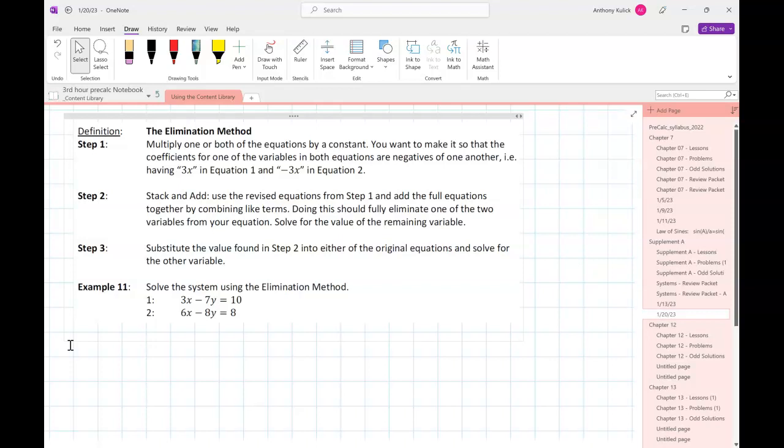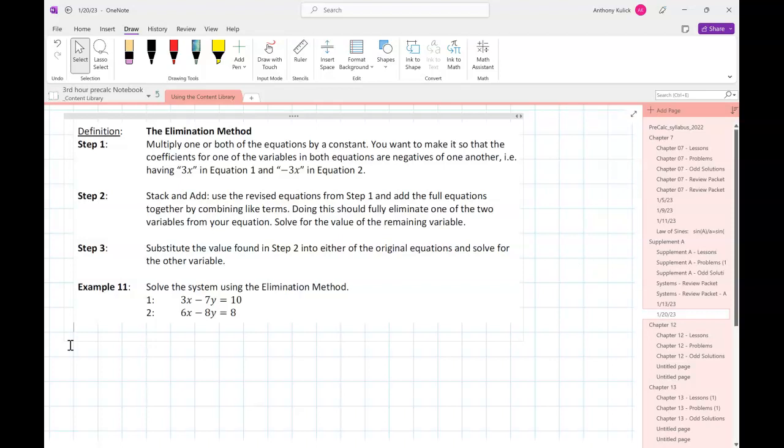But just like substitution, choosing wisely can reduce your workload. My suggestion is to try to do it the easiest way possible. Can I multiply just one of the equations to make the variable coefficients opposites? If so, that's the one I'd like to use.